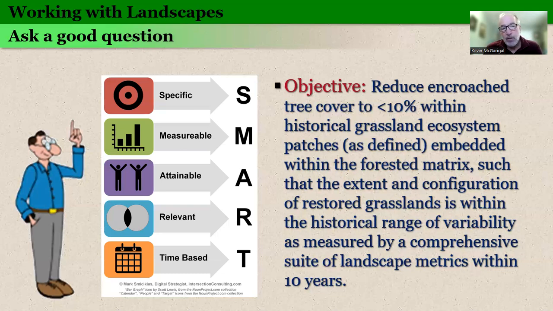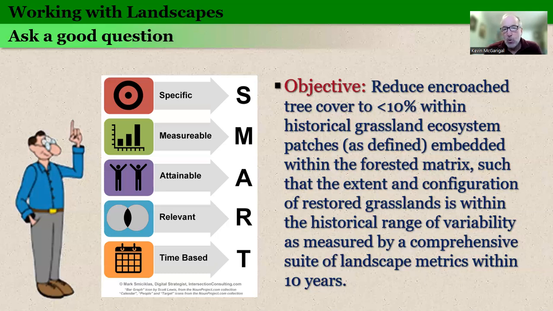Let's evaluate whether this meets the SMART criteria for an objective. Is it specific? Yes. We're talking about tree cover within grassland systems. Is it measurable? Yes, assuming we have appropriate data, whether it's based on field data or remotely sensed data. It's certainly something we can measure. Is it attainable?